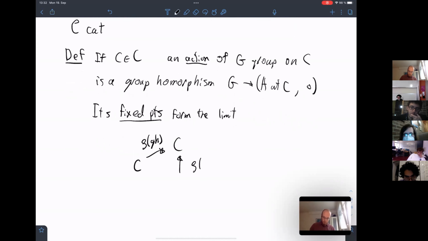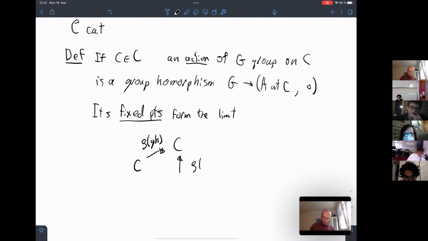So how do we do this one category level up? Where a group acts on a category. So if C is a category, so it's an object in the 2-category of categories, and I might as well put a 2-group here, which I explain later what that means.